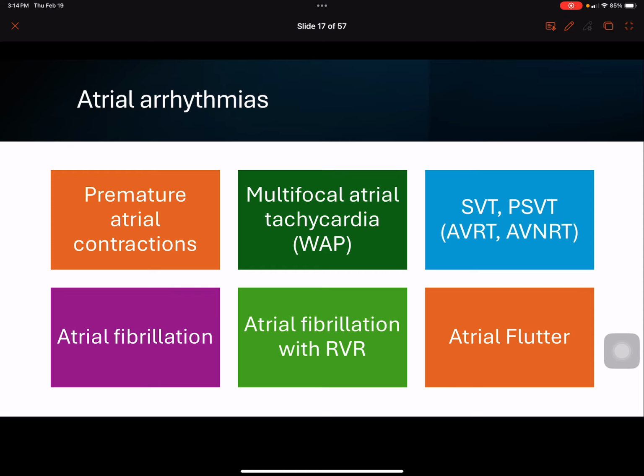Now we're going to talk about rhythms that originate from the atria, so above the AV node, but not from the SA node. Because remember, all of the heart muscle has automaticity, so rhythms can originate all of a sudden. Some cells within the heart can get irritability and take over driving the rhythm of the heart. And in atrial arrhythmias, we have a pacemaker coming from somewhere other than the SA node.